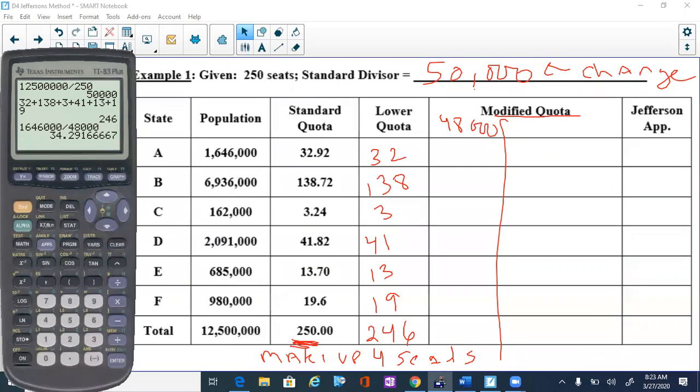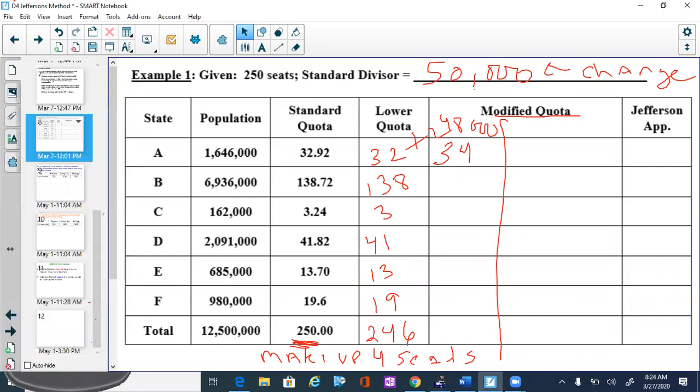That is 34, so I go to the lower quota again, and then I go to the next one. Notice what happened: I added 2 seats. Then I take 6,936,000 divided by 48,000, press enter again, and I get 144 as the lower quota.